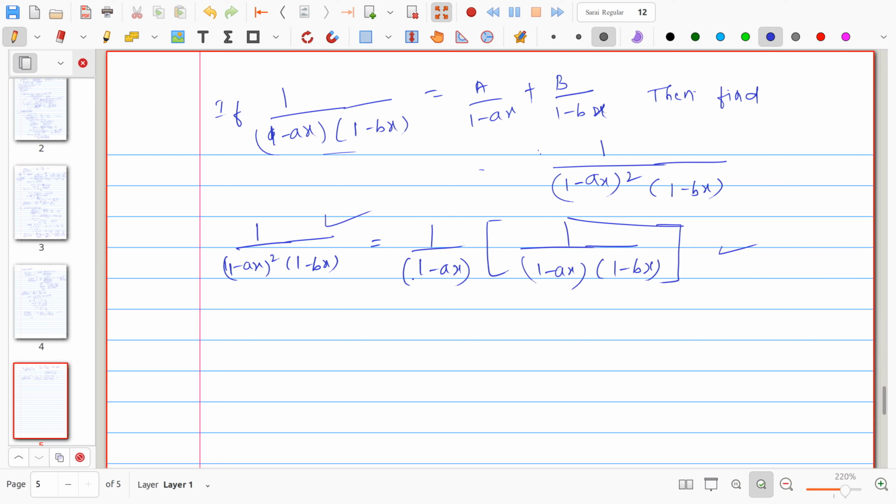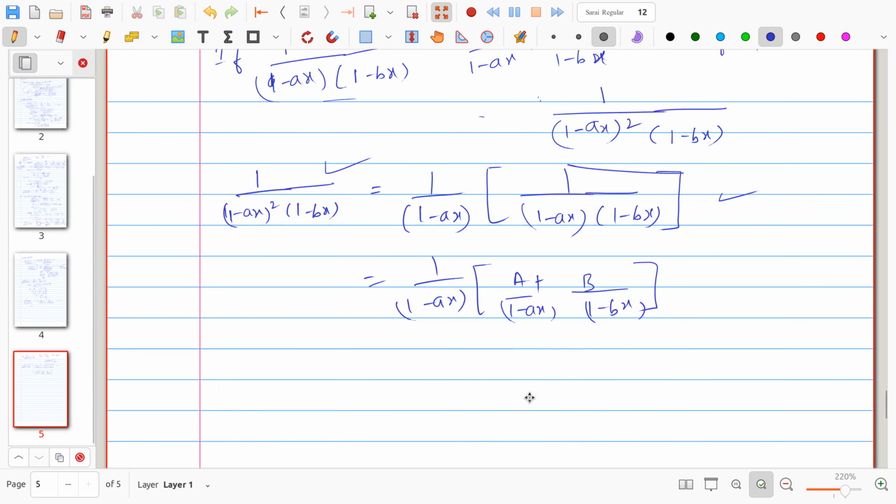I am taking common out. Why? Because the inside term is containing this term. So now I can write 1 minus ax, and this inside term I can write as a divided by 1 minus ax plus b divided by 1 minus bx. Yes, of course I can write.